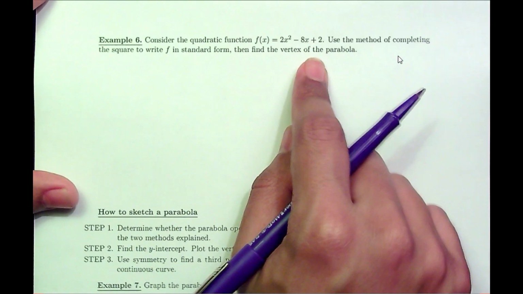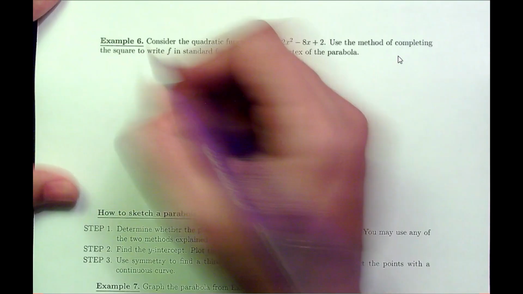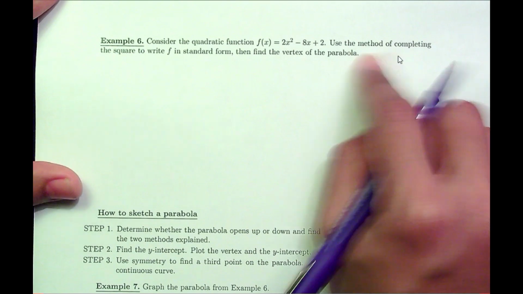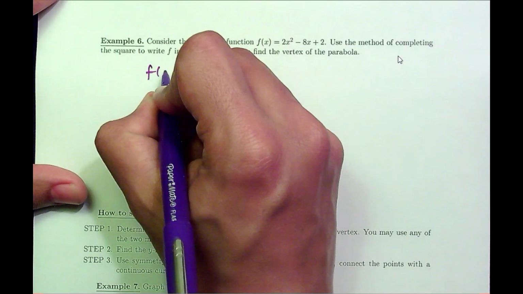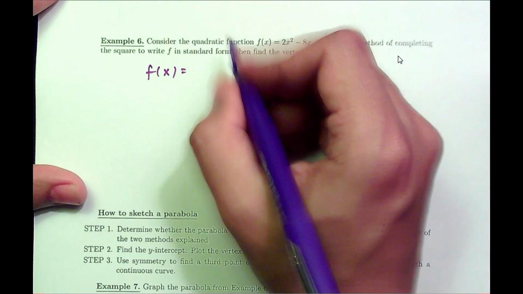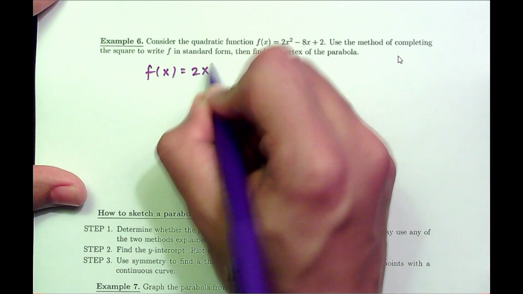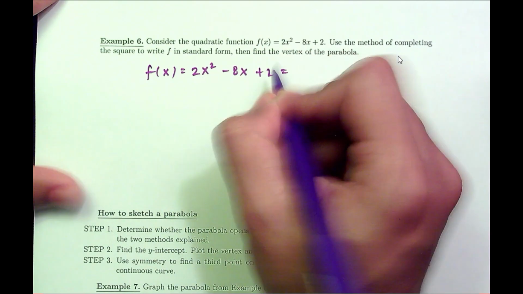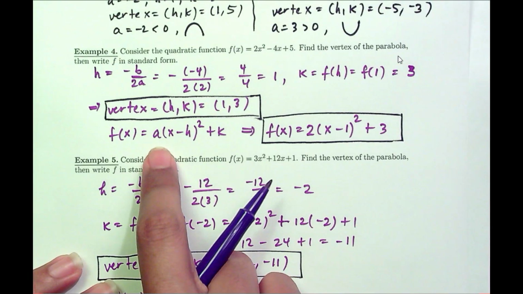So it's the same question: find the vertex, and then write in standard form. And I'm going to do it using the completing the square method, not using the formula. The first thing, if you're going to use this method, is you're going to pull out the a, because the a has to be in front of everything, no matter what.